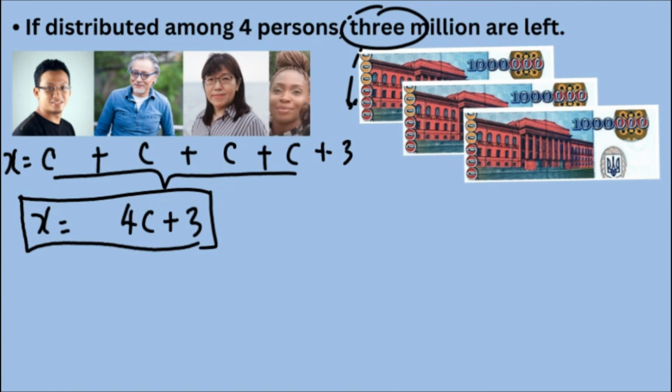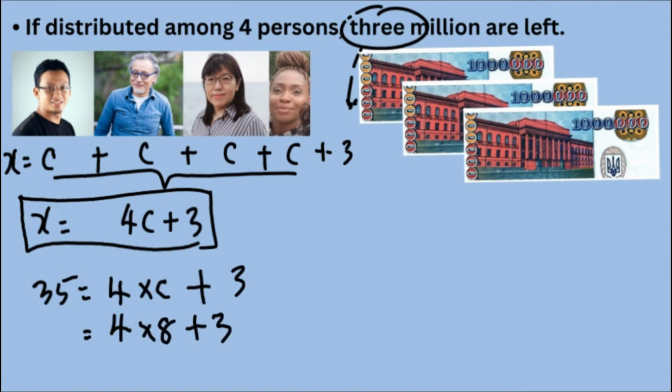So C plus C plus C plus C. So 35 is 4 times C plus 3. So 4 eights are 32 plus 3, 35, meaning each one got 8 millions. 8 plus 8 plus 8 plus 8 is 32 plus 3.